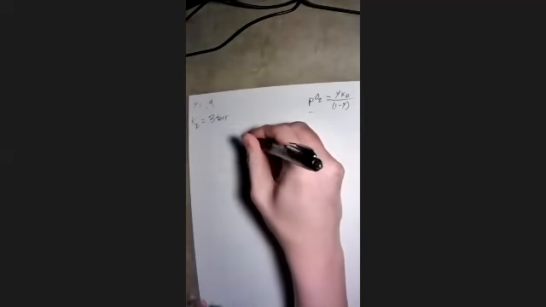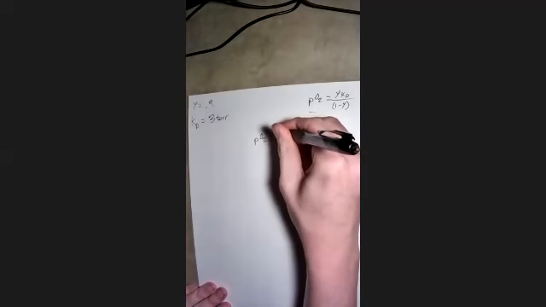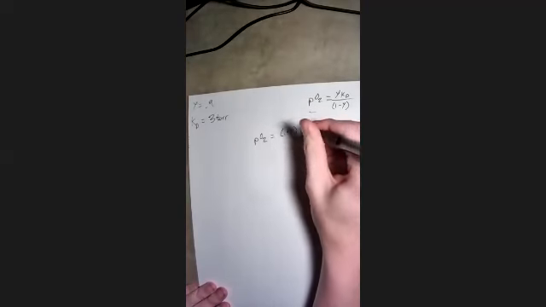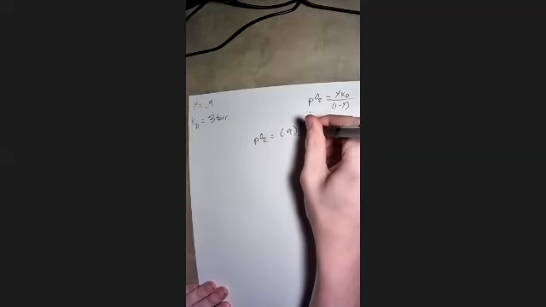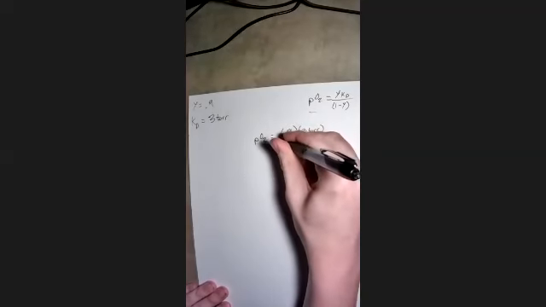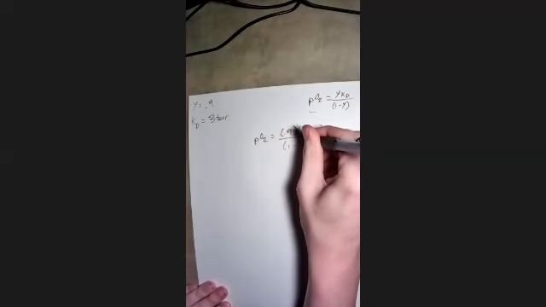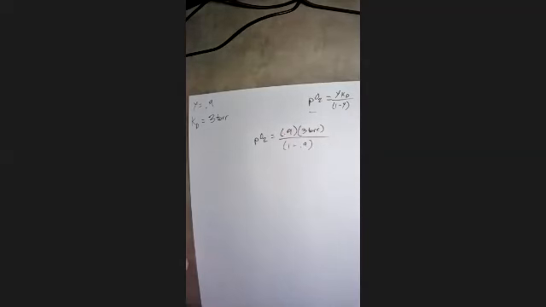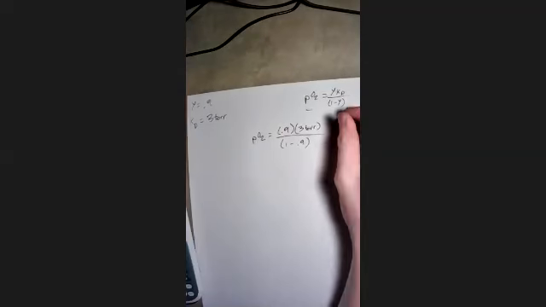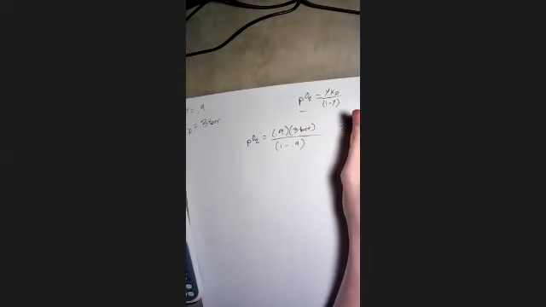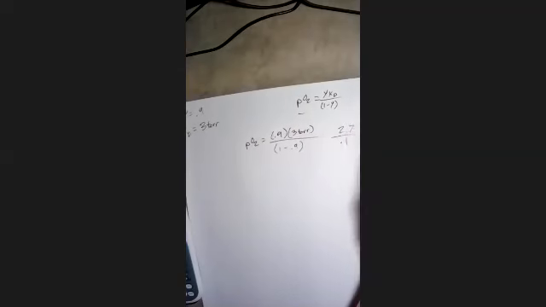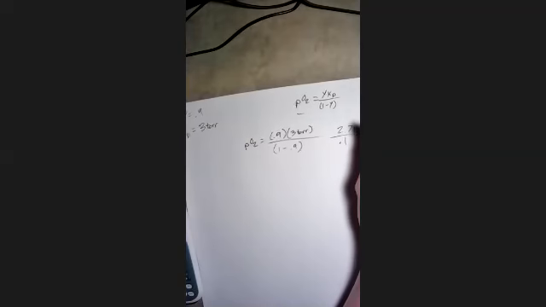We have our PO2 is equal to 0.9 times 3 torr over 1 minus 0.9. So this comes out to 2.7, and then this comes out to 0.1, which just becomes 27 torr.